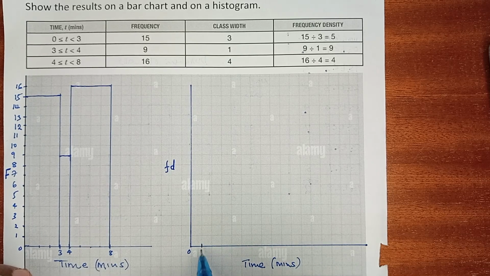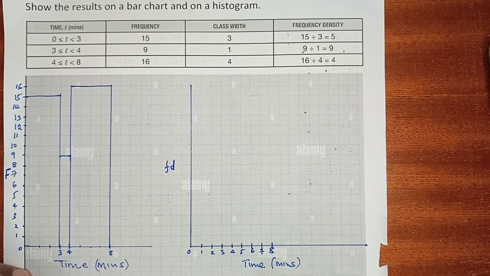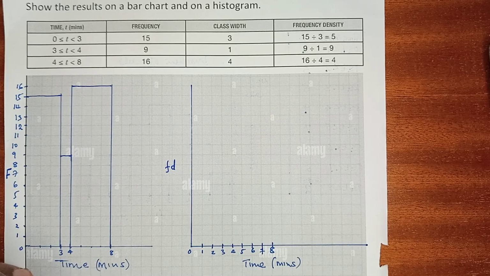Starting from 0, we have 1, 2, 3, 4, 5, 6, 7, and 8. Same grouped data. The frequency density, the highest is a 9.